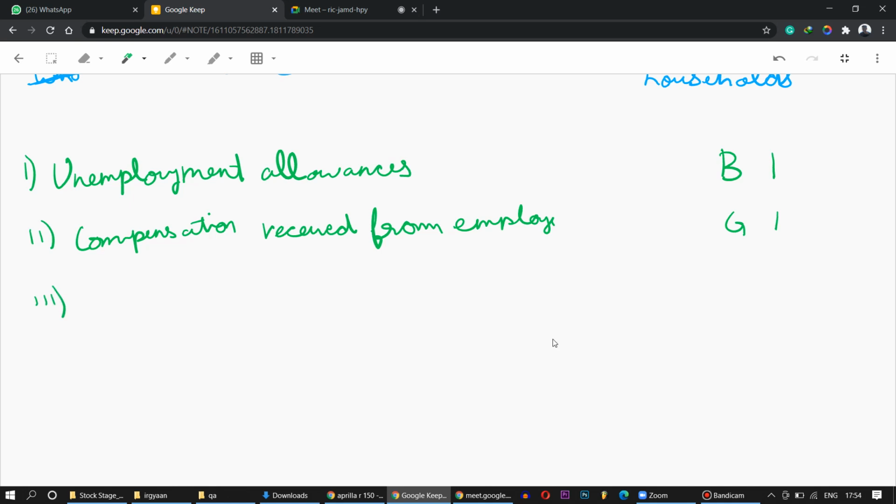Next. Puducherry cyclone. What do you think? Will this be factor or transfer? If you read only this much. Does anyone want to disagree?